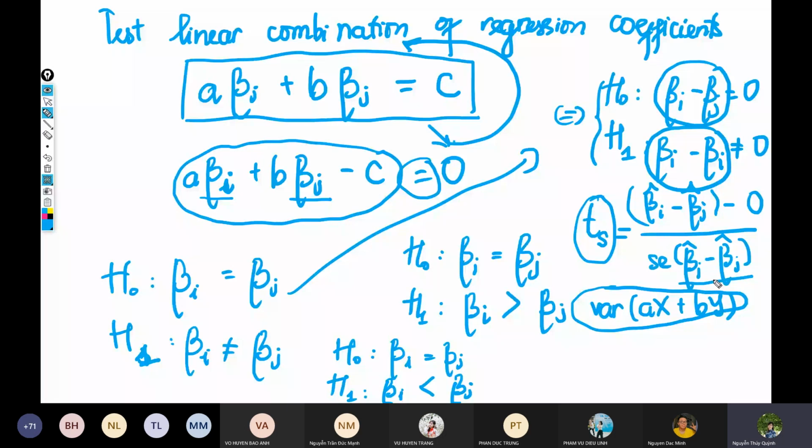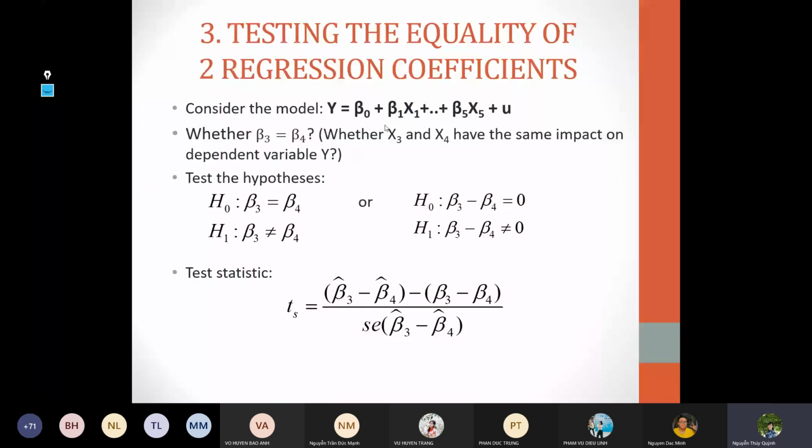We want to test the equality of two regression coefficients. Now let's consider the model. We have y equal to beta 0 plus beta 1 times x1, and so on to beta 5 times x5 plus u. This is our model.